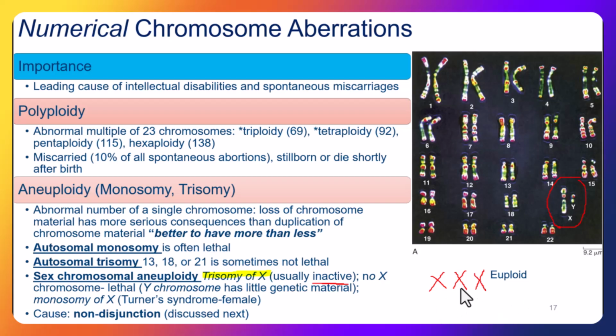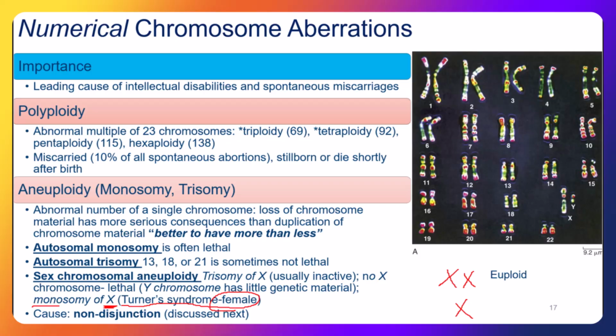However, if this would be normal, but instead somebody only has one, this is called Turner's syndrome, and it affects females. So a female that had two and now has one has Turner's syndrome. That's monosomy, one of the sex chromosomes, in this case, X. And this has various clinical issues.